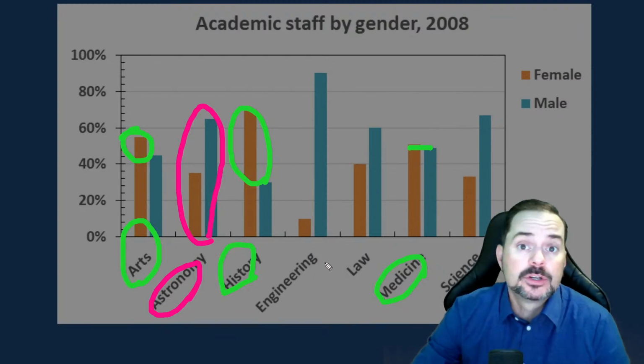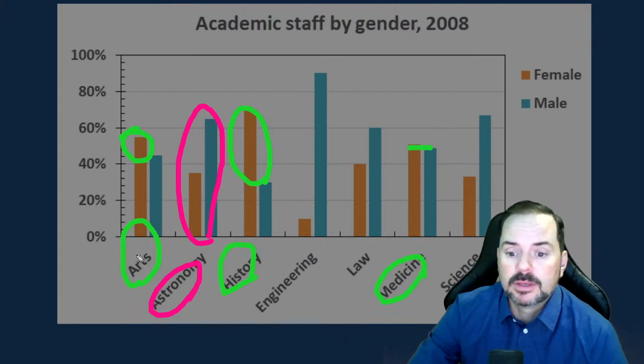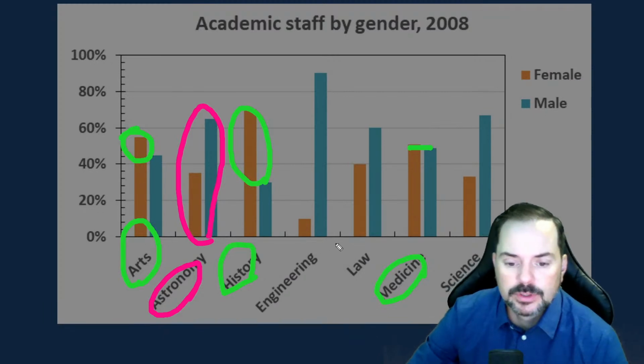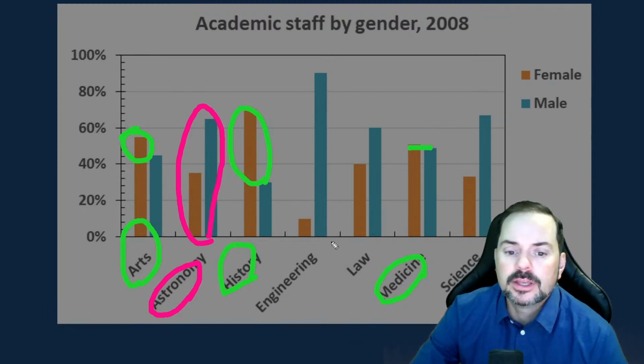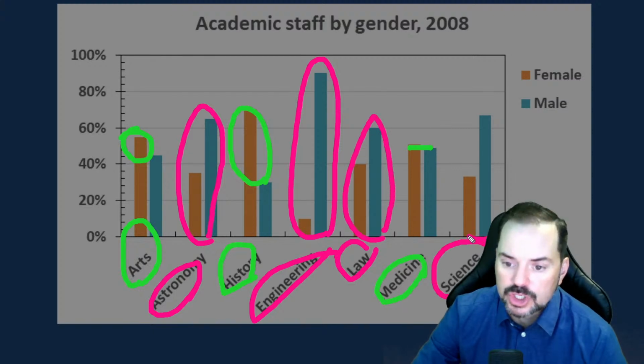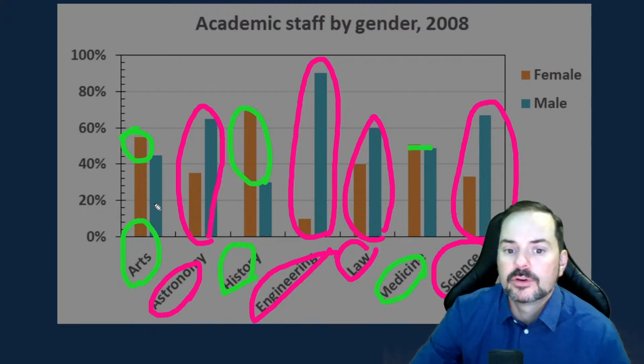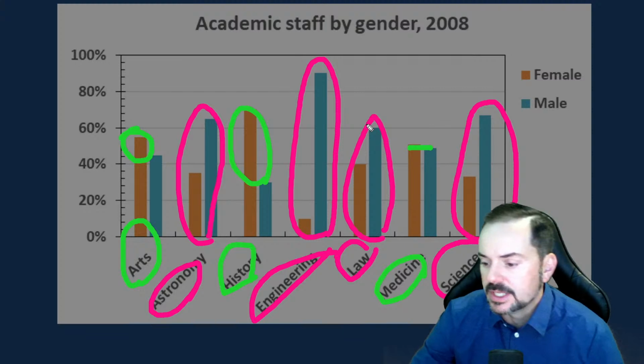If we look at numbers, we might be surprised, and we might learn that there are actually more women, because maybe arts and history are huge departments, right? So we don't know that. But certainly, percentage-wise, we can see that in this university, there tends to be a greater proportion of male than female faculty, right? It's 4 versus 3, and you can also see that from the differences.